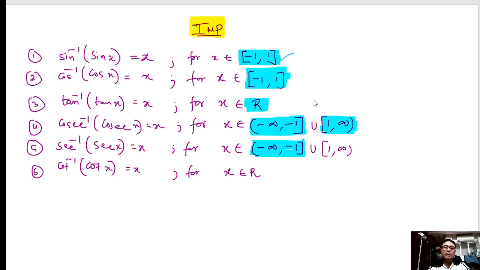Sine and cos are the same, so cosec and sec will also be the same, and tan and cot are also the same. So please keep a note of this, and let's move on to the next part.